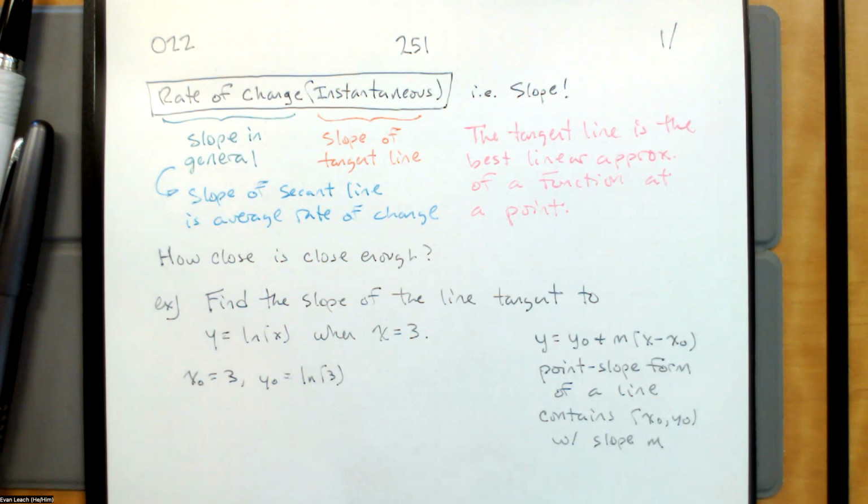What we need to find is the slope. Now for slope, we're going to do y2 minus y1 over x2 minus x1. We're going to take x1, y1 to be the point that we care about, and x2, y2 is going to be a point nearby.